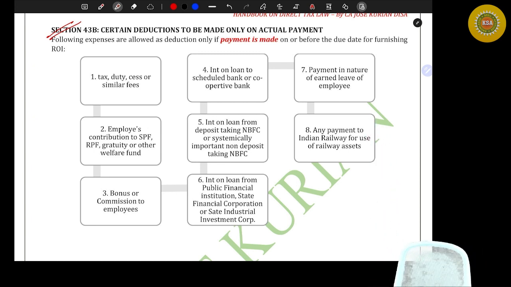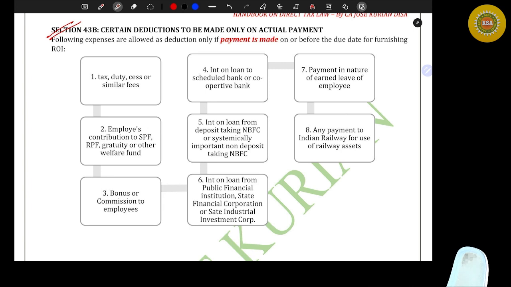So listen. The following expenses are allowed as a deduction only if payment is made on or before due date for furnishing return of income. Don't read it as ROI. It is return of income. Very simple.